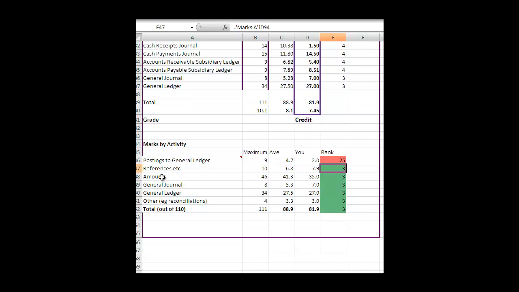Then the amounts, and generally people did pretty well with the amounts, which is probably the most important area. So the amounts were: did you put the right amounts in the right columns, and then did you post them across? Then the general journal and general ledger put together, and then other items, that's anything else not included, an example of that being reconciliations.